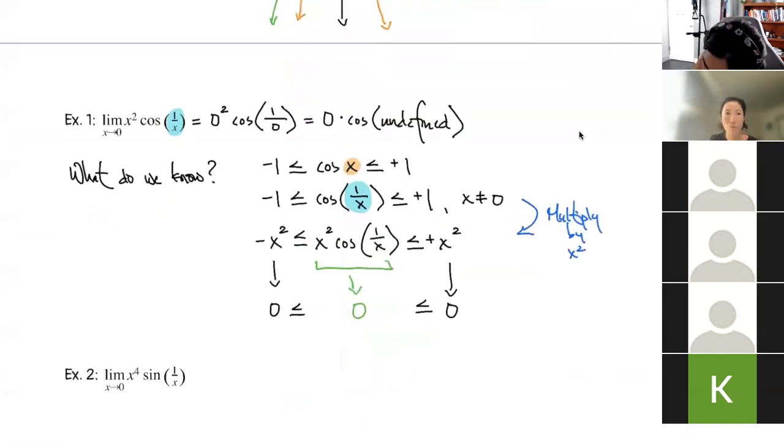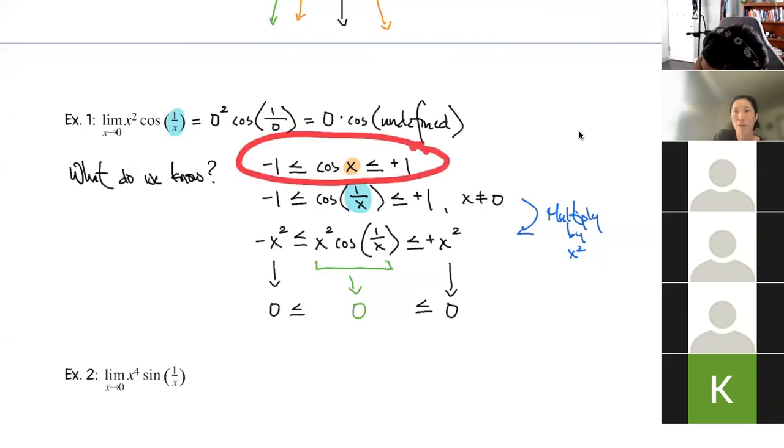And so we went through one example over here. We had example 1 where we had this x squared cosine 1 over x, and we ended up with sort of an undefined situation. And so the way that we started way back on Thursday was, what do we know? Okay, what do we know? And so one thing that we knew was that cosine is bounded by -1 and 1.